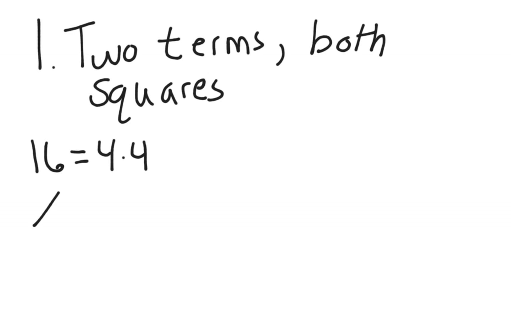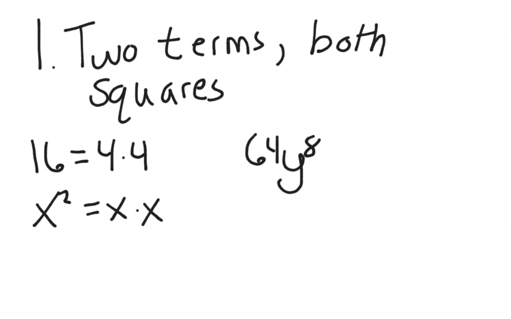It could be x squared, which equals x times x, or we could have a more complicated term or monomial such as 64y to the 8th, which is 8y to the 4th times 8y to the 4th. All of these are different squares.